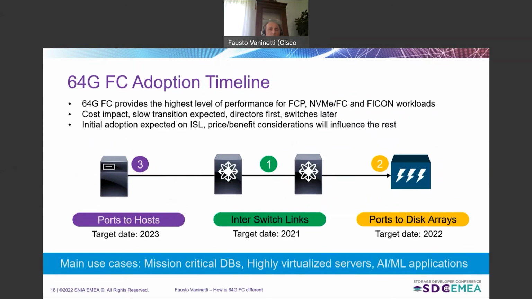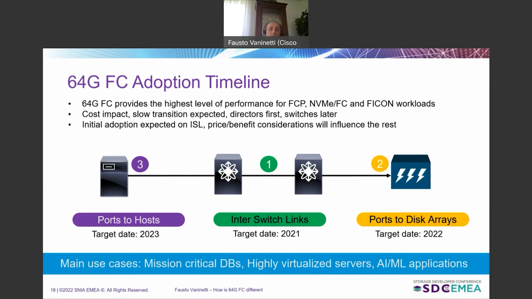In terms of adoption, 64 gig fiber channel is clearly starting from inter-switch links. That's where you can deploy 64 gig fiber channel today. But by the end of this calendar year, we expect to see disk arrays with 64 gig fiber channel target ports.